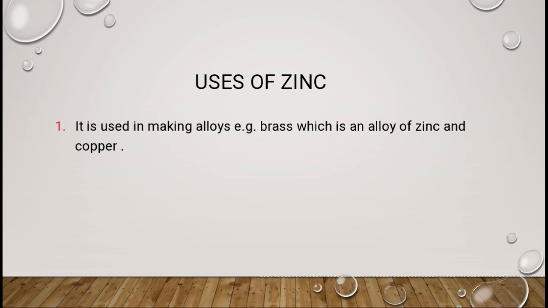It cannot be only metals, but it can be a metal with a non-metal. So long as there is a metal, that mixture is known as an alloy, e.g., brass, which is an alloy of zinc and copper.